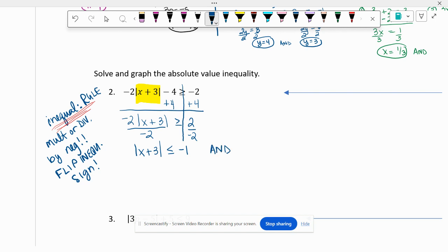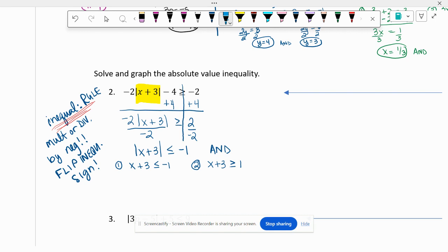This means that when I write my two inequalities, I have x plus 3 is less than or equal to -1, and x plus 3 is greater than or equal to +1.